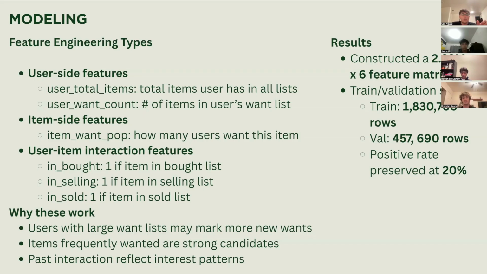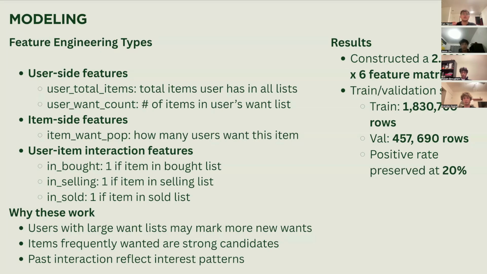Why the results happen later is that the model's high precision but medium recall is partly due to these features. Precision is high because the model makes confident predictions when features strongly align, and recall is moderate because users often want brand new or unobserved items, and the model is conservative unless prior signals are really strongly present.